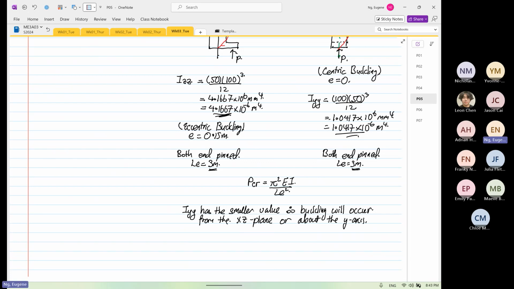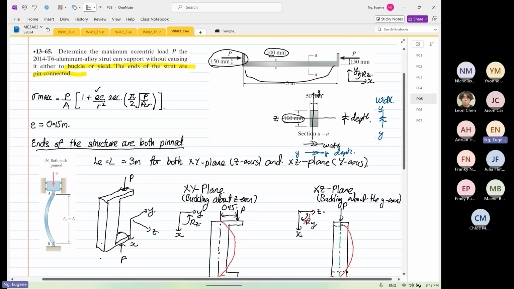Okay, so from here, our critical load will be equal to pi squared times Young's modulus. So I need to, can you all write this down?